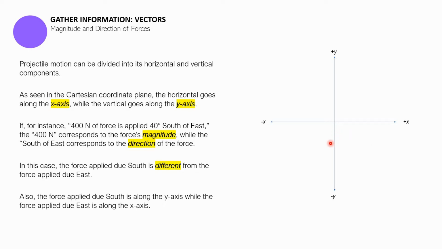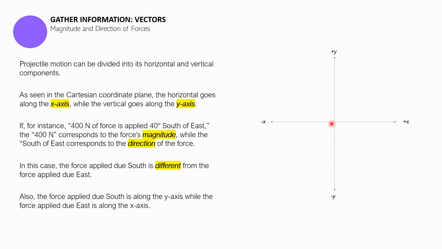Ayan. So, ibig sabihin din nun, yung force na in-apply mo na 400 newtons, iba yung in-apply mo sa vertical component, iba yung vertical component nun, at meron din siyang horizontal component. Pwedeng ang in-apply mo lang pala is 380 na force with respect to the horizontal.